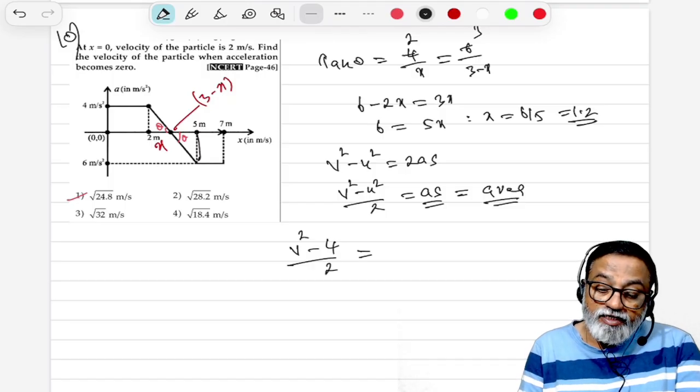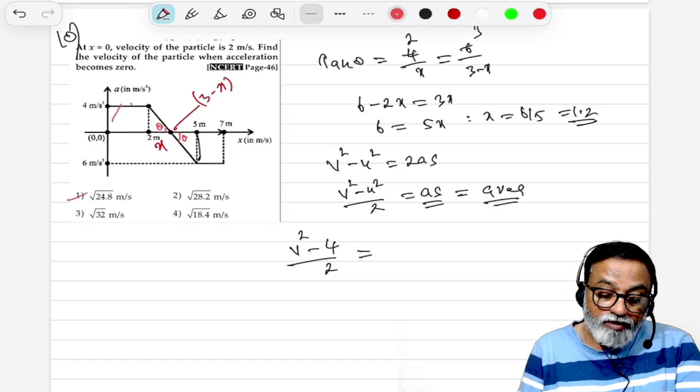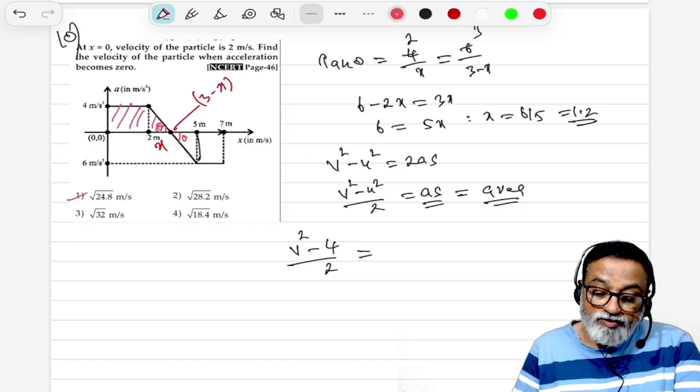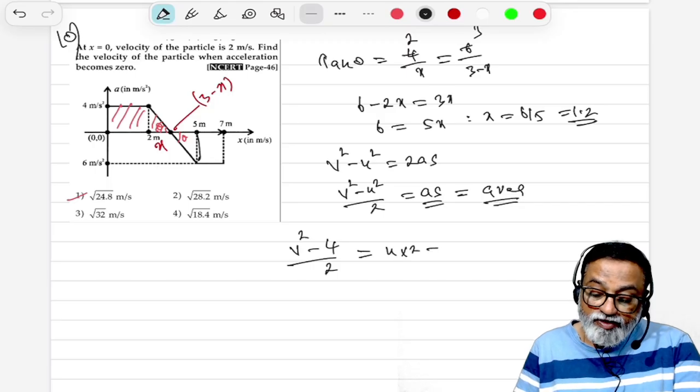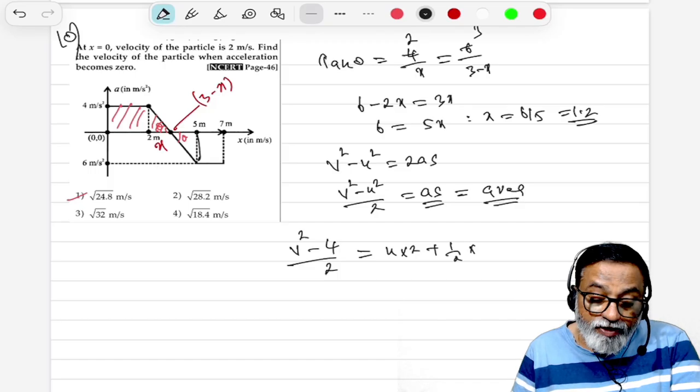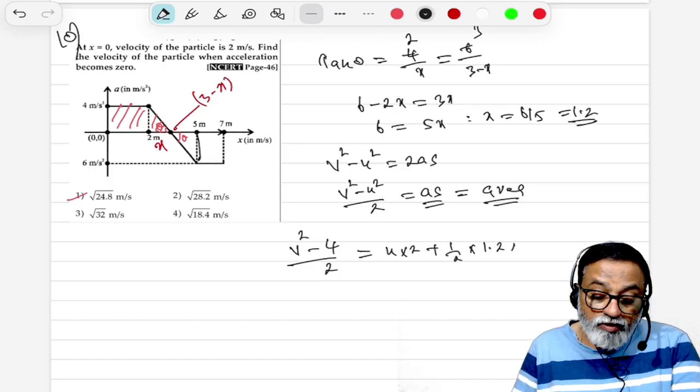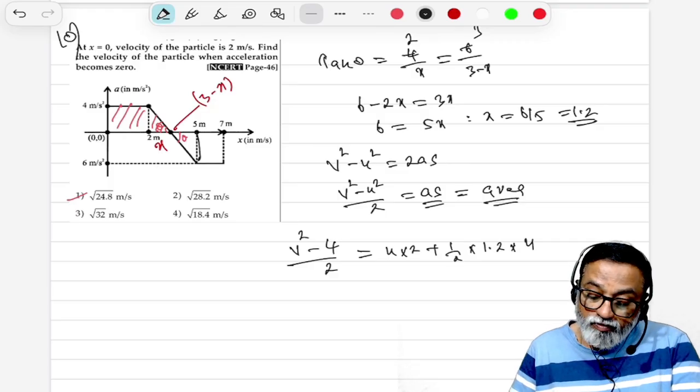This is the area we have to find out. The first area is a rectangle, that is 4 into 2. And the next one is a triangle, half into base x, that is 1.2, and height 4.